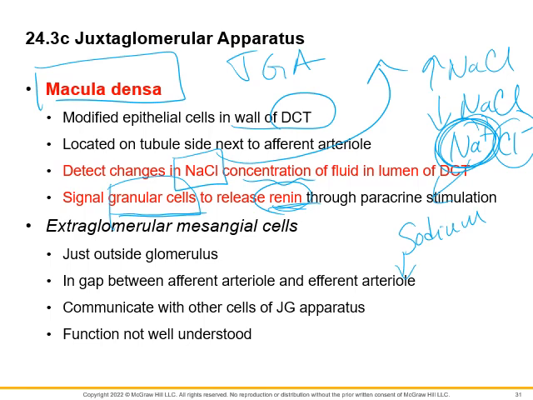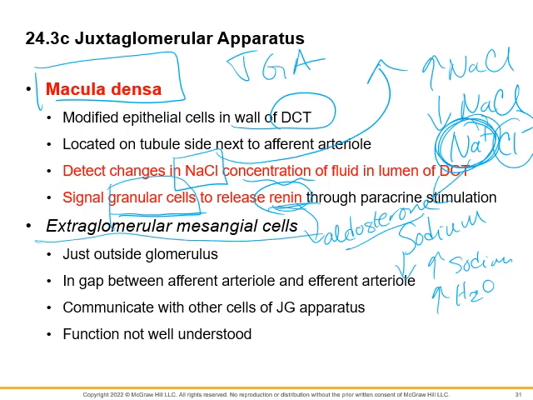If the sodium was too low, could we trigger the granular cells to release renin to have the release of aldosterone? We have to go through that angiotensin 1-2 system, but have aldosterone released so that aldosterone would increase sodium and therefore increase water as well.